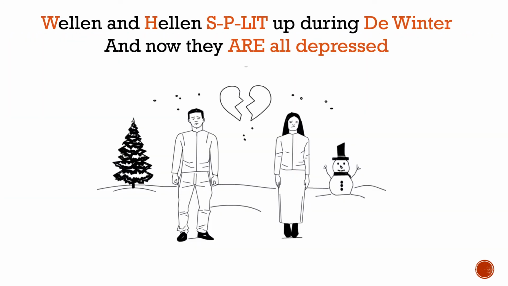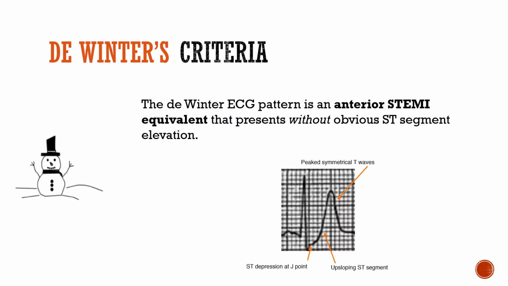Now moving back to our mnemonic, Wellens and Helen split up during the winter, and now they are all depressed. Let's talk about de Winter's criteria. Now, the de Winter's EKG pattern is an anterior STEMI equivalent that presents without obvious ST segment elevation.